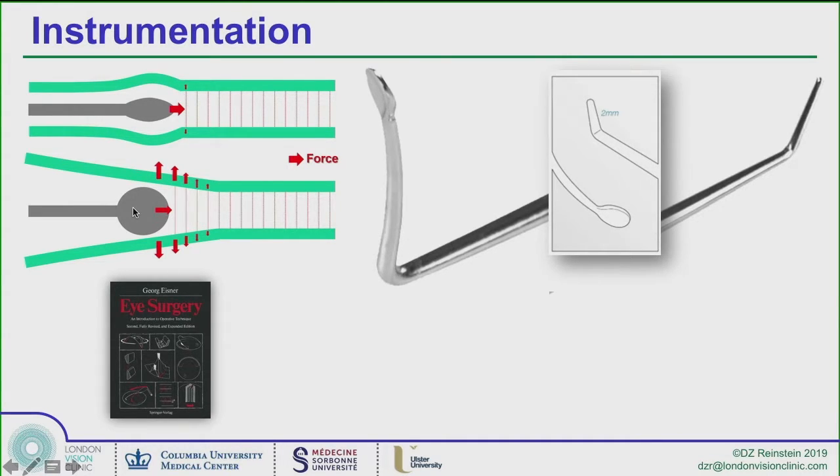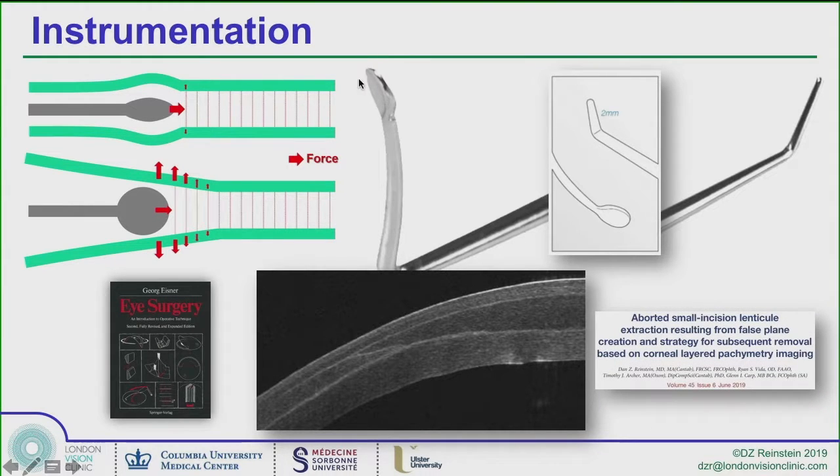The thicker the shaft when you're dissecting a lamellar interface, trying to break bridges, the more orthogonal force you're going to apply, and therefore the more effective your dissection force is going to be in the 90-degree axis. The roundness of the bulb must be not sharp. That tip, if it's sharp, and it is in many instruments, will cause false planes, and that's a pretty dangerous thing to do in SMILE.